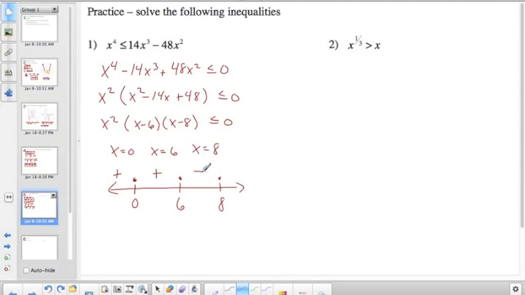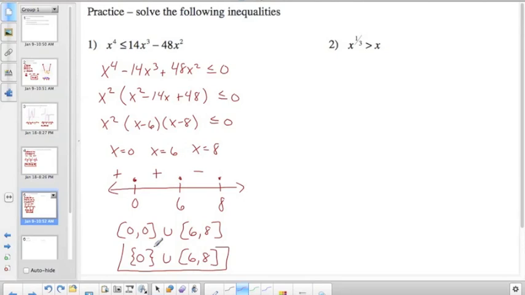So less than or equal to 0, well, it happens at 0, so one way to illustrate that is like that, and then it also happens from 6 to 8. And you can also use curly braces for the 0, and then say 6, 8. So that would be the solution there.